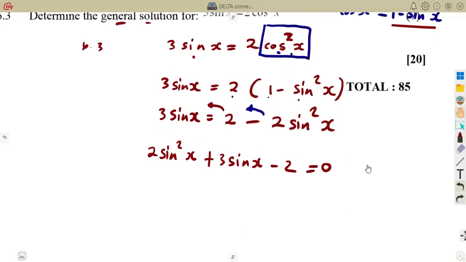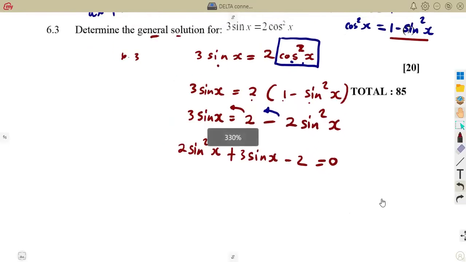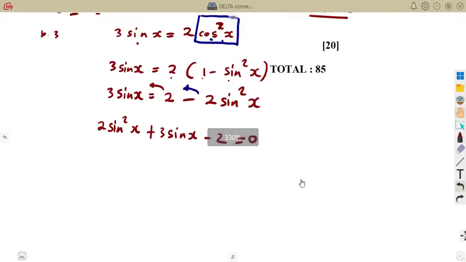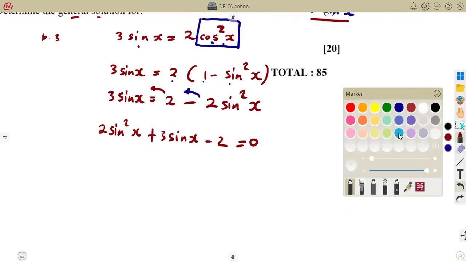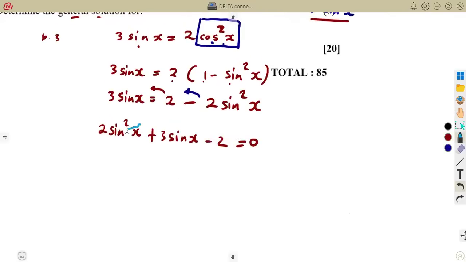You can solve this by the quadratic formula. You can solve by the factorization method. You can even introduce k in place of the sine of x, so that you properly see what you're working with. Let k be equal to the sine of x.